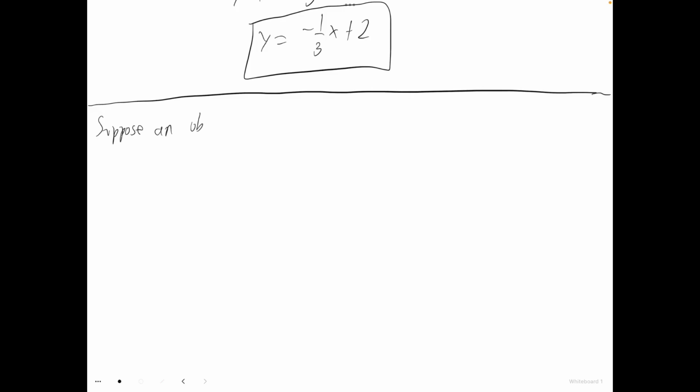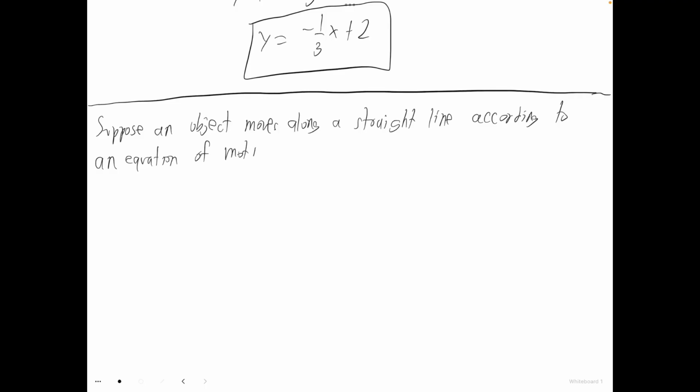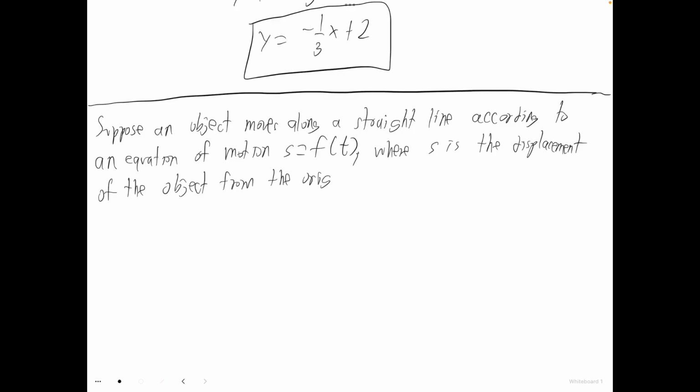Suppose an object moves along a straight line according to an equation of motion s equals f of t, where s is the displacement of the object from the origin at time t.